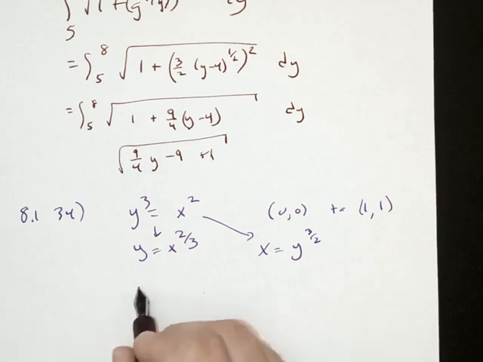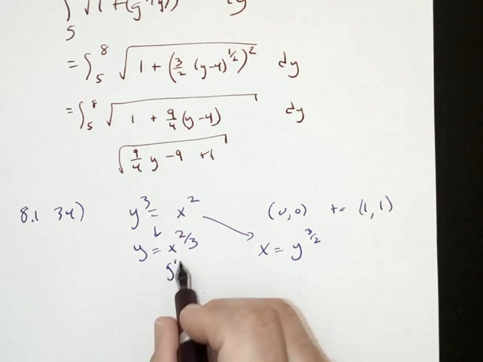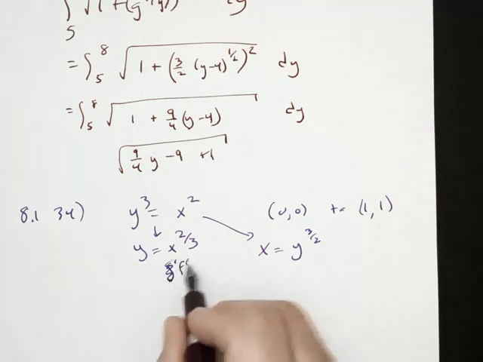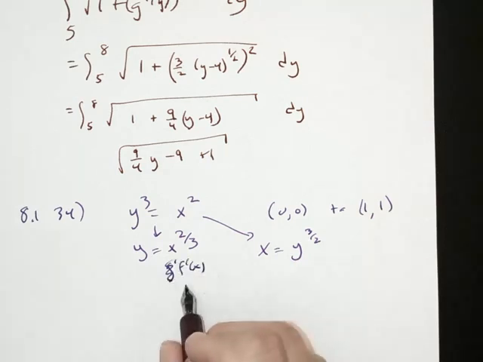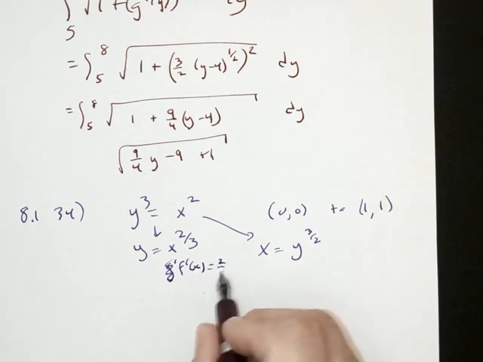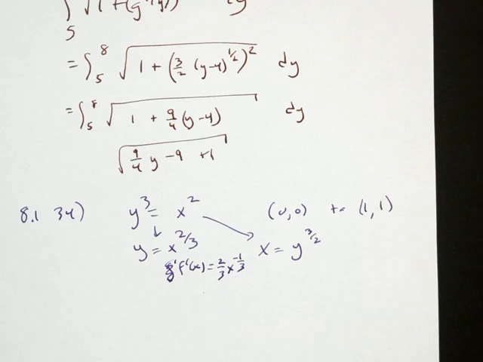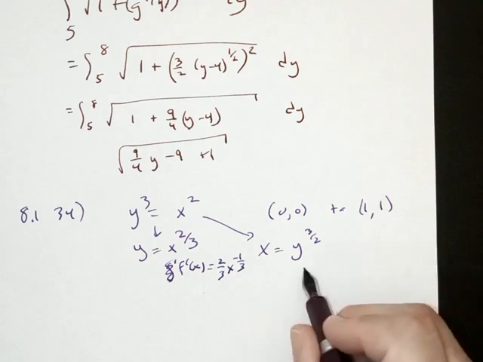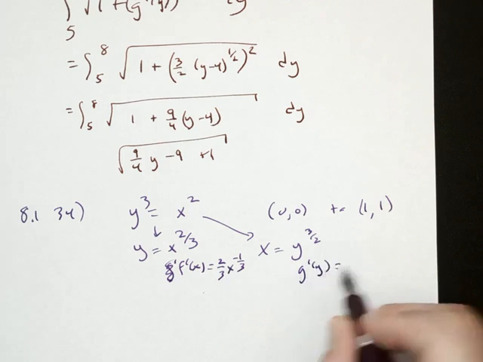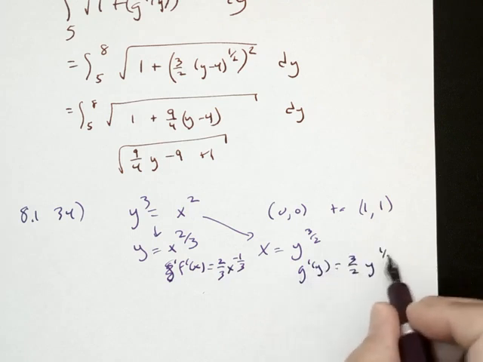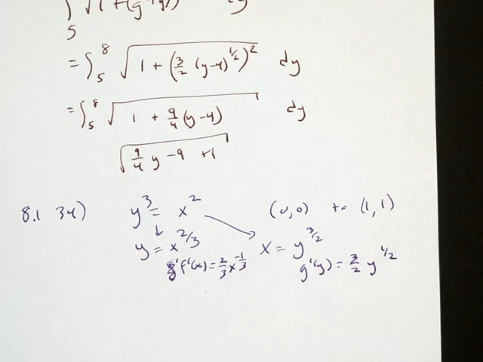When I do the derivative, I get a negative 1/3 there, right? But when I do the derivative over here, I have a positive power still, right? This negative power is undefined at 0.